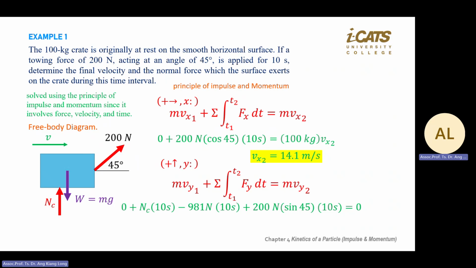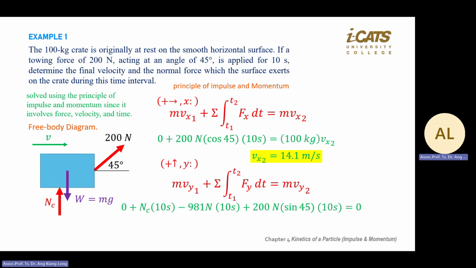So N multiplied by the time of 10 seconds. W is mg, your m is 100, times 10 seconds. And your 200 sin 45 gives you another linear impulse.